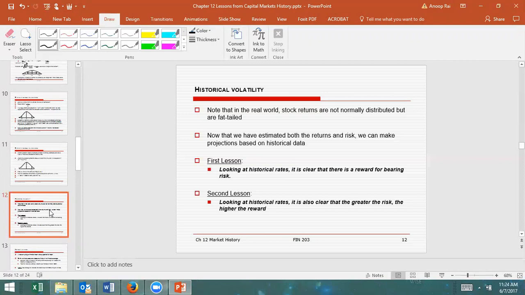So by looking at history, we've learned 2 things. It's actually just 1, but the book puts it down in 2. The first lesson it says is, if you look at history, there is a reward for bearing risk. So there is a relationship between risk and return. And the relationship is very clear. The greater the risk, the higher the reward.